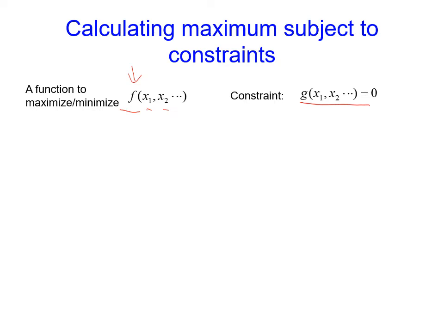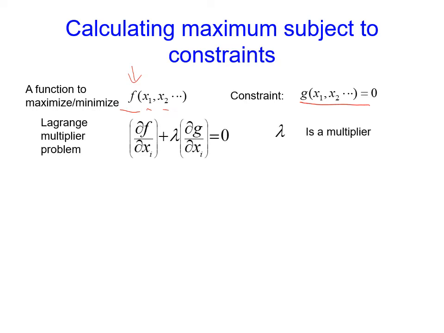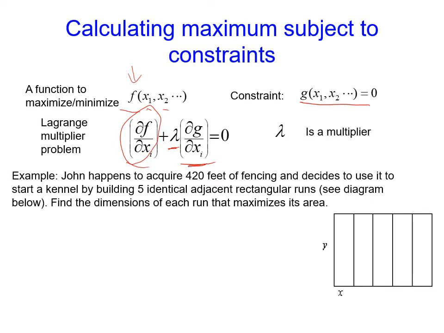In mathematics, it's called the Lagrange multiplier problem. So instead of setting the partial derivative of the function over each of the variables to 0, we add a multiplier times the constraint's partial derivative over each of the variables, and these two added together is 0. So that's a Lagrange multiplier problem. And let's see an example.